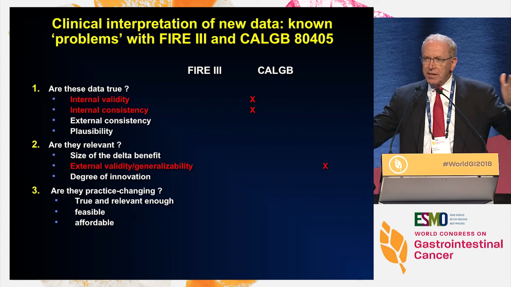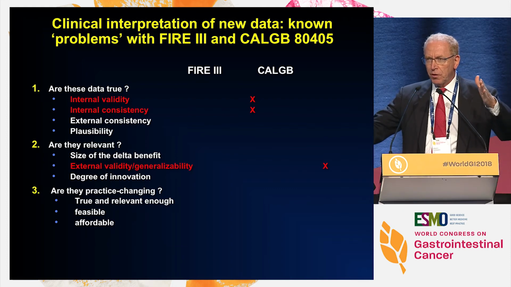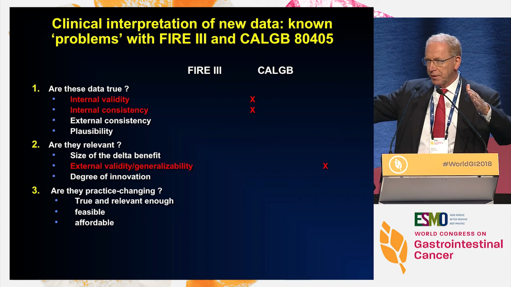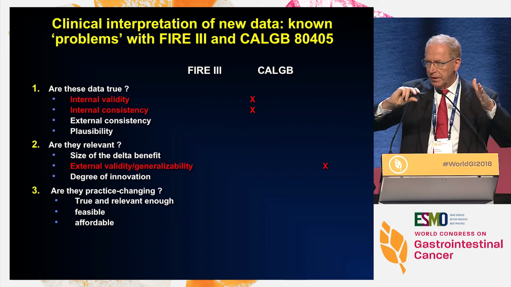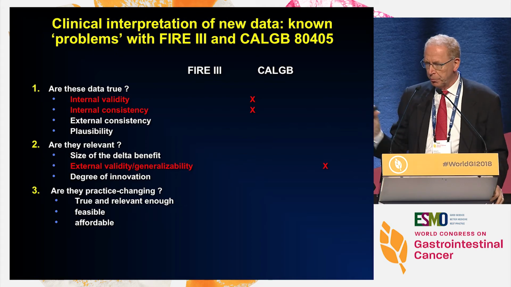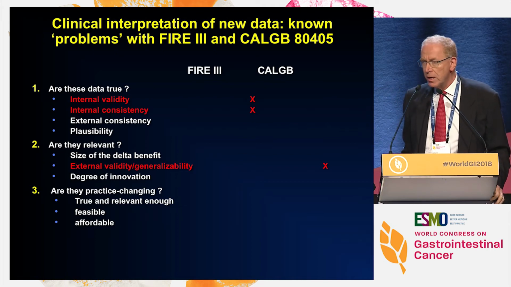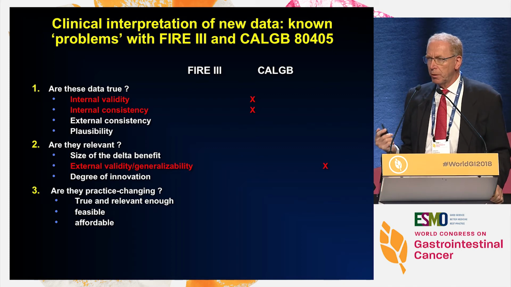It gave a size of the benefit in terms of no difference in efficacy, but less toxicity given by bevacizumab compared to the anti-EGFR. But in that trial, the compliance to treatment was never published, was never communicated.